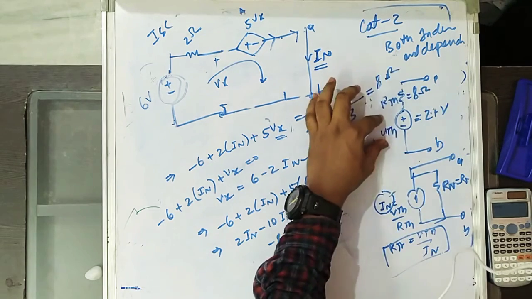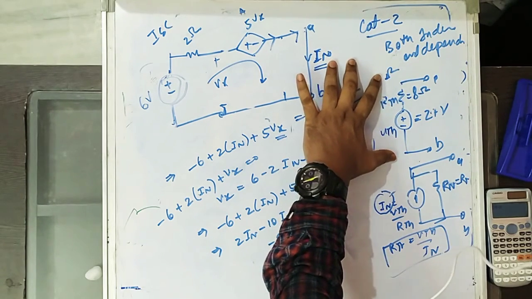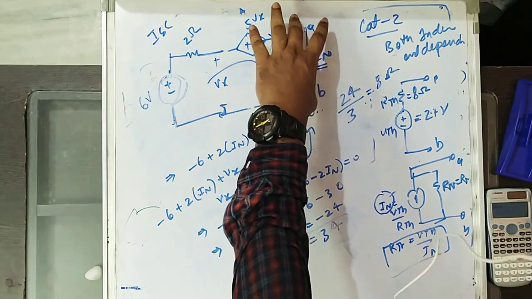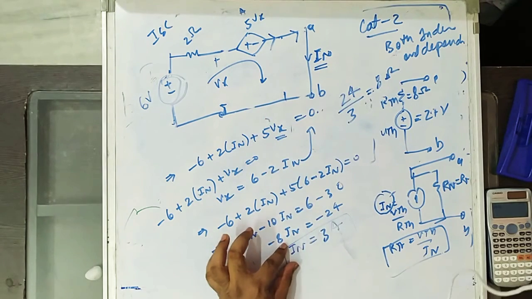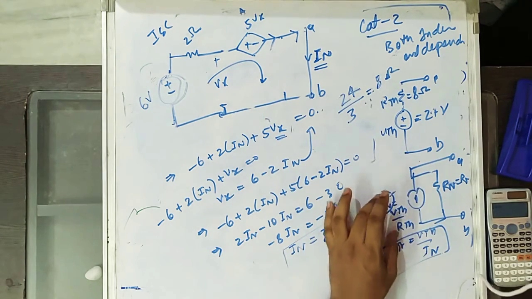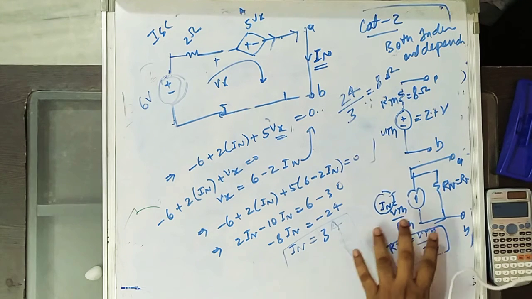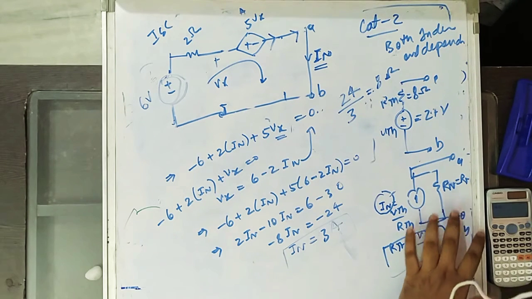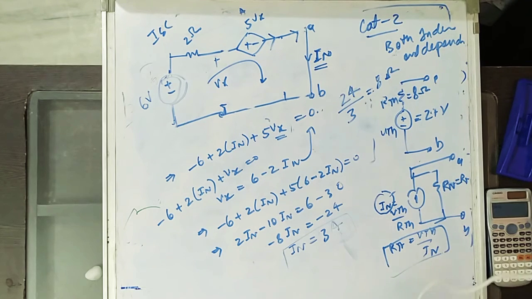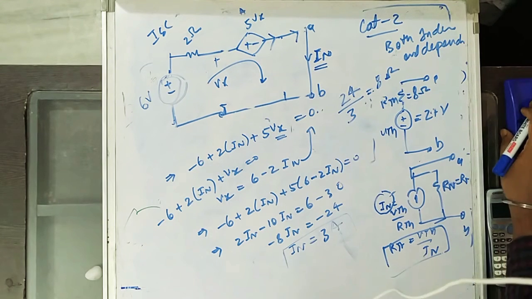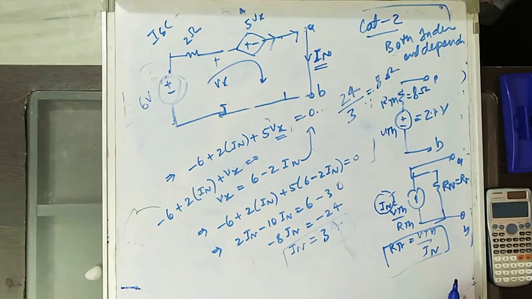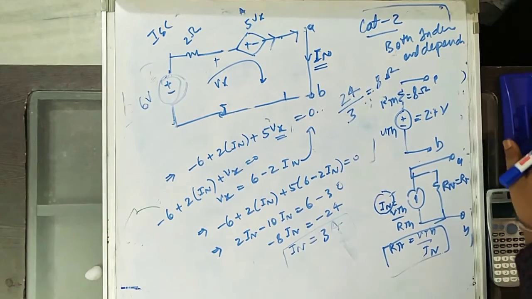You will draw V Thevenin and R Thevenin, and the problem is over. Similarly, if you are asked to find the Norton equivalent between AB, you will find V Thevenin and I Norton. Then you will represent In equal to V Thevenin by R Thevenin, and Rn equals V Thevenin by ISC. This completes the second category, and we'll solve another sum based on this category only.